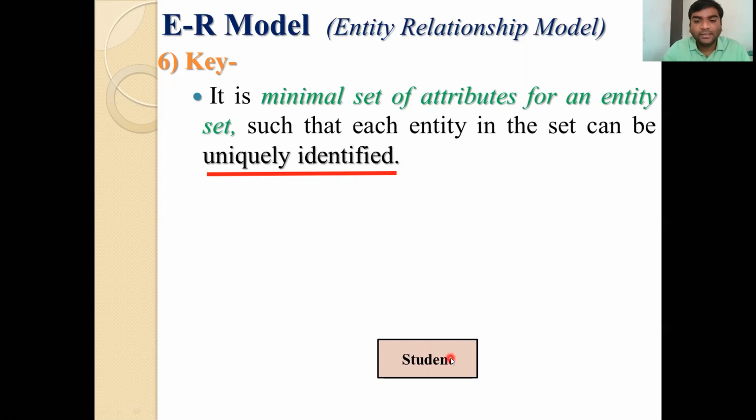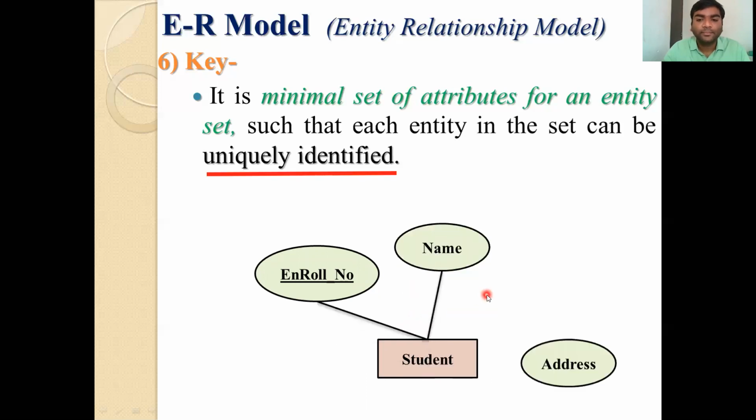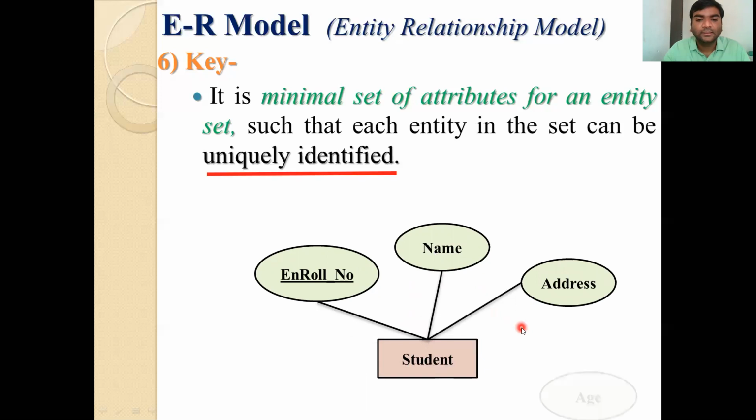So consider one example of student entity. This is the enrollment number, name, address, age. This enrollment number, the key, is represented in an oval because it is an attribute. What is the key? First, you should understand that student is an entity where these are all attributes. But from all these attributes, which is the key attribute?